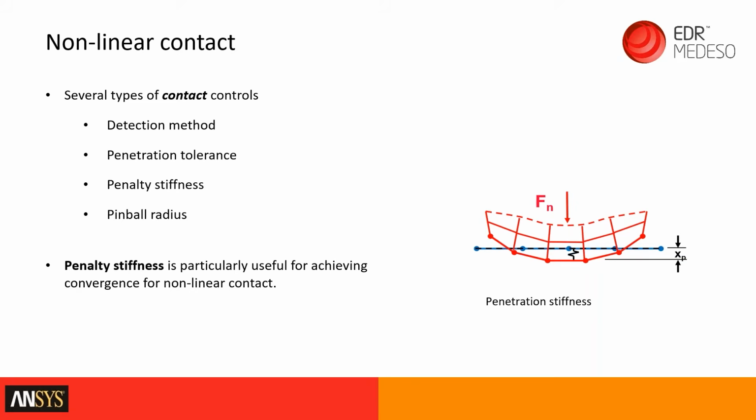There's a point there that I've highlighted in bold. The penalty stiffness is your best friend. So for those of you out there that are doing contact analysis using the standard methods and you're struggling with convergence, relaxing or decreasing the penalty stiffness is your best friend in terms of convergence. As a general rule, lowering the penalty stiffness will improve convergence, but only if you're not exceeding the penetration tolerance. So there is a trade-off.